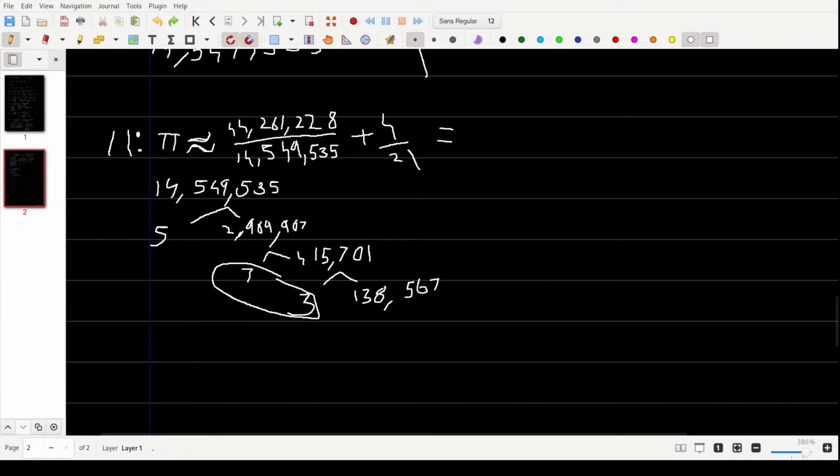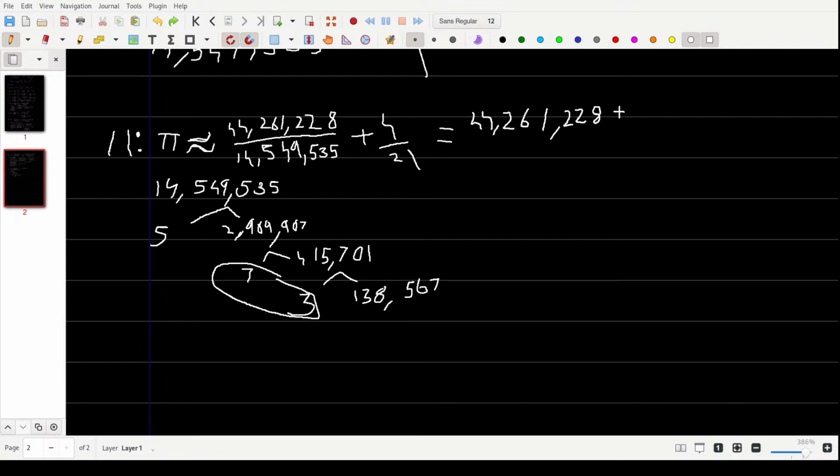Yeah, so it's just gonna be 44,261,228. Let's do plus 4. And then it's gonna be this times 4, I think. I don't know. It's not gonna be that. It's gonna be whatever this number is divided by 21.